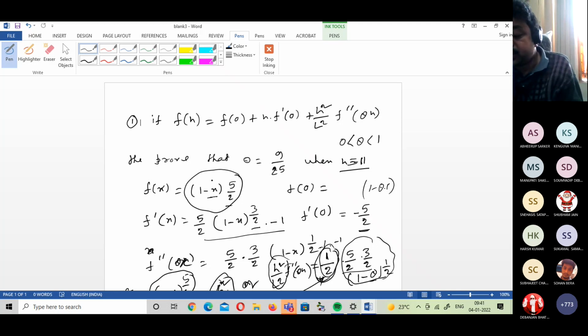Why? Because on the basis of the value of theta, as theta ranges between 0 and 1, you have the option to prove the inequality. So seeing the problem, you have to decide at which term you fix the remainder. That will be given in the problem, and seeing that, you have to stop there.